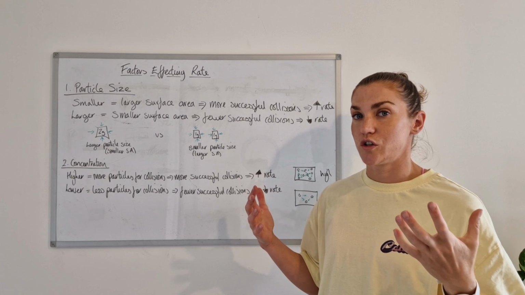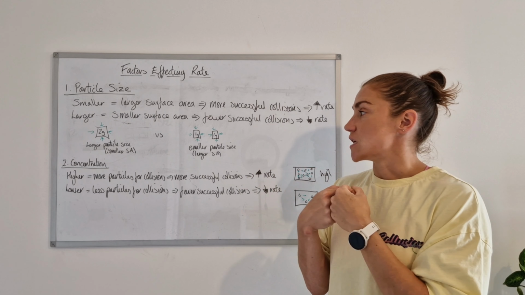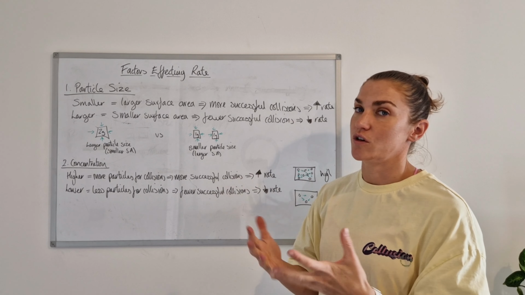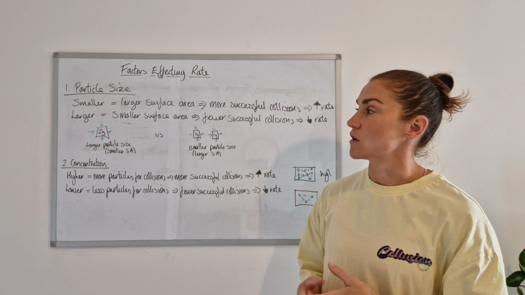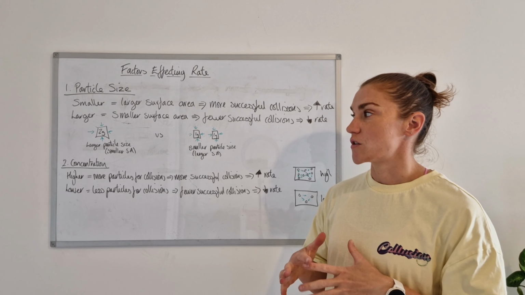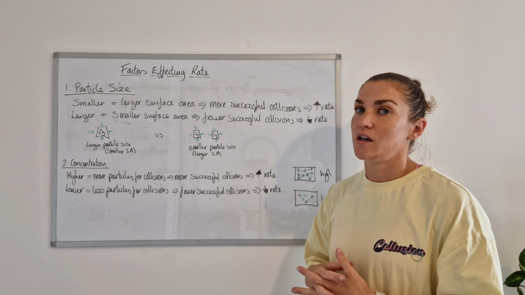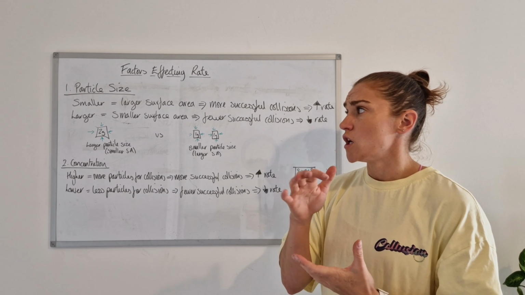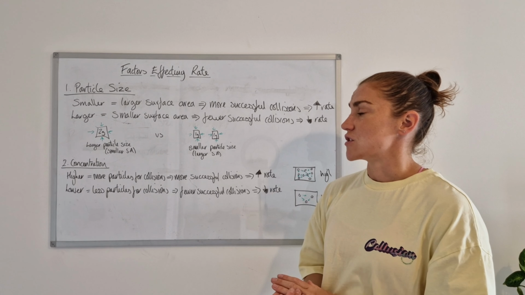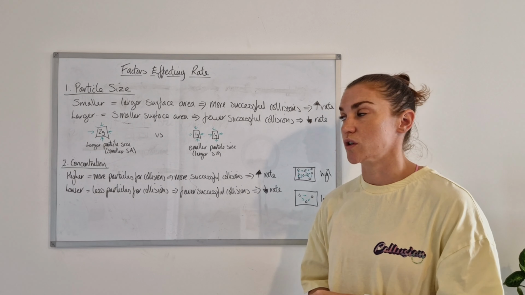So the more surface you have exposed, the more area is available for collisions to take place, and therefore you're more likely to have more successful ones, which increases the rate. Particle size is opposite to what you would maybe naturally think at first. Smaller particles create a faster reaction, larger particles result in a slower reaction.